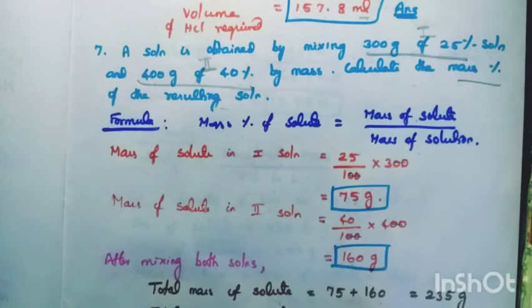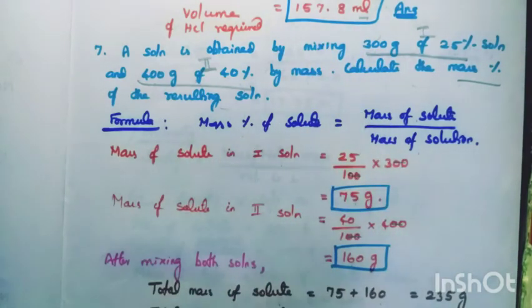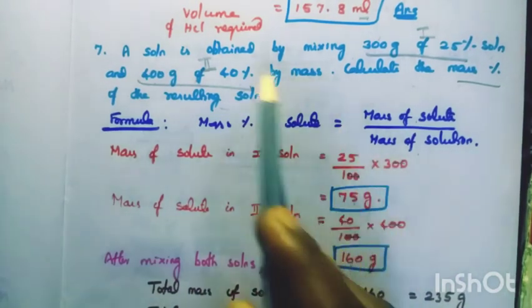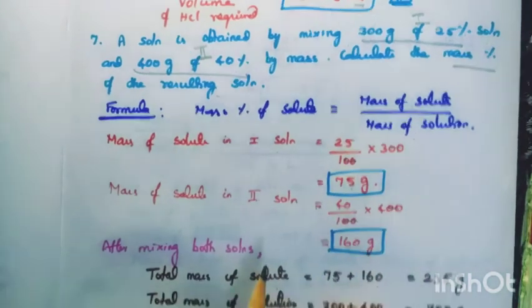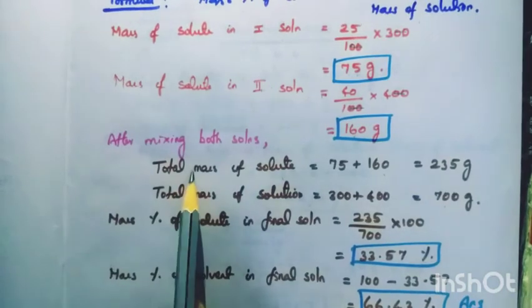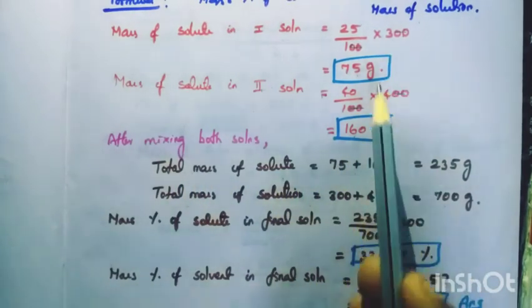Total mass of the solution is 300 plus 400, 700. After mixing both, we have to calculate the total mass of solute, that is the first one and the second one.